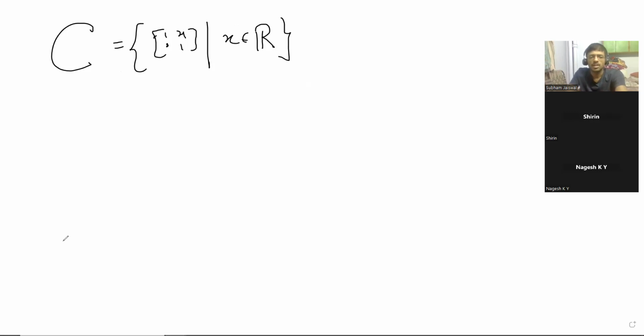Now, the other thing is you look at the real numbers. Do you see some similarity between these two collections? Is there any similarity you see between these two collections? Means matrices which look like this, for the moment 2 by 2, and this collection. Now, do you see any similarity between these two collections?